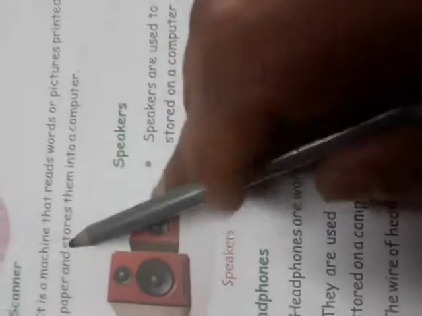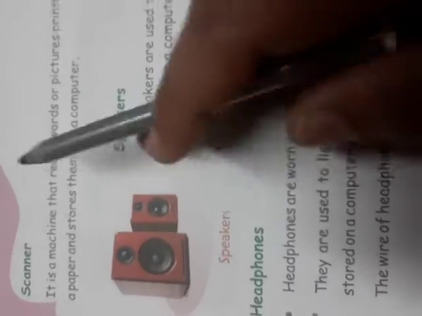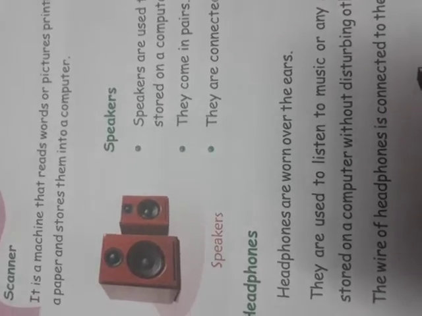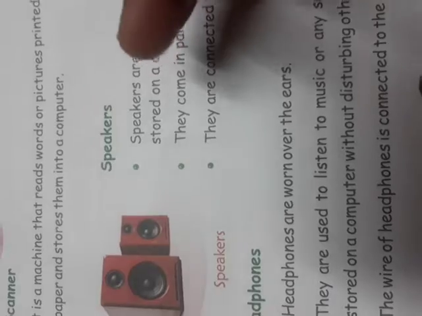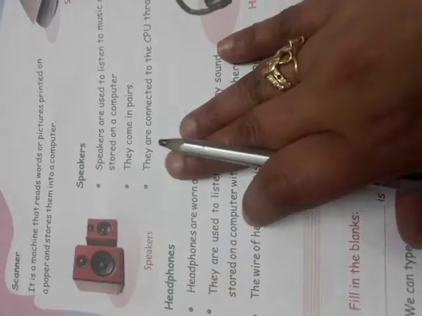Next one is scanner. Now printer and scanner, there is a bit of difference. Printer gives us whatever is already there in the computer, and scanner does the opposite. Scanner reads the words or pictures printed on paper. For example, you want this entire page along with the pictures and text to be in your computer.